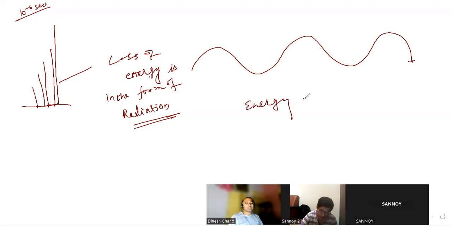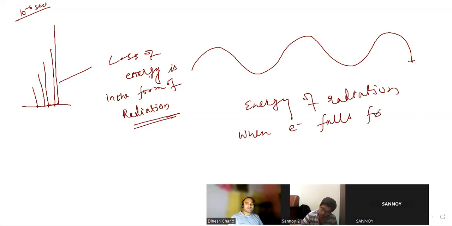Energy equal to h nu. Energy of radiation when an electron falls from A, n2 to n1, and B will be infinity to n1.